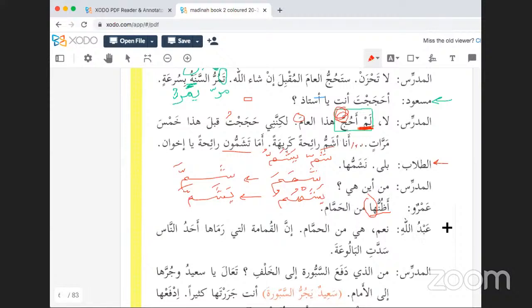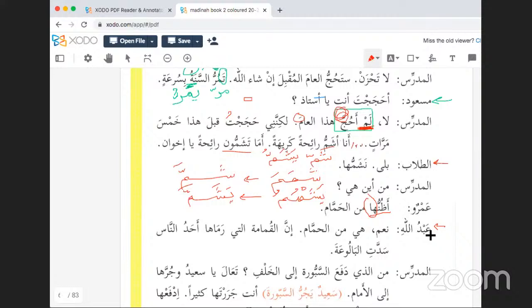Then Abdullah says, نعم هي من الحمام إن القمامة التي رماها أحد الناس سدت البالوعة. Alif is there, so balu'ata, right? Exactly.